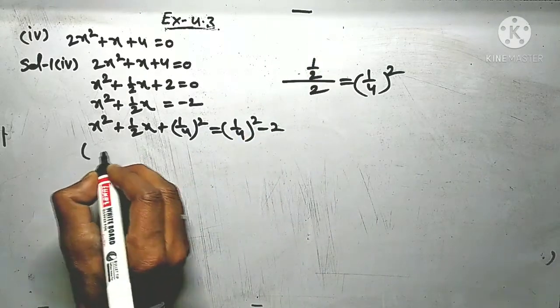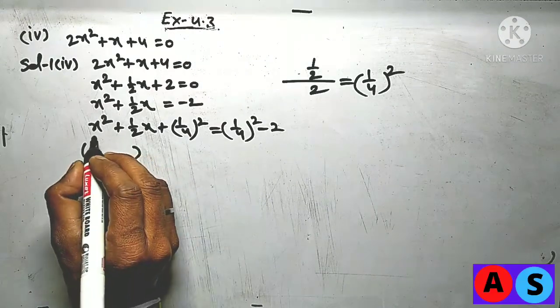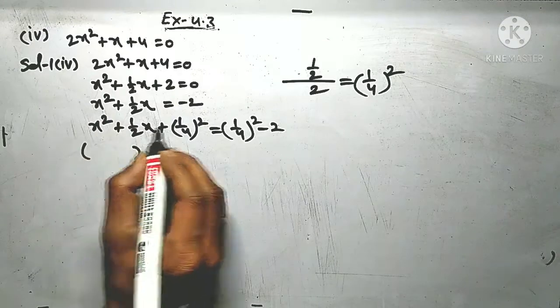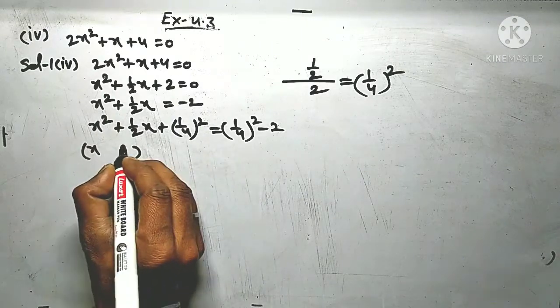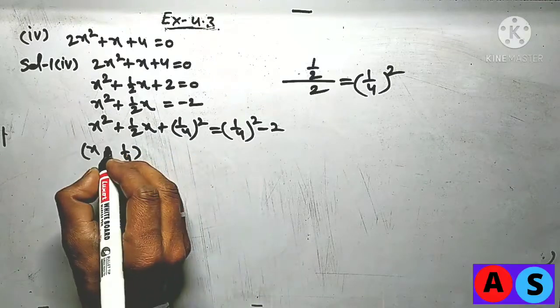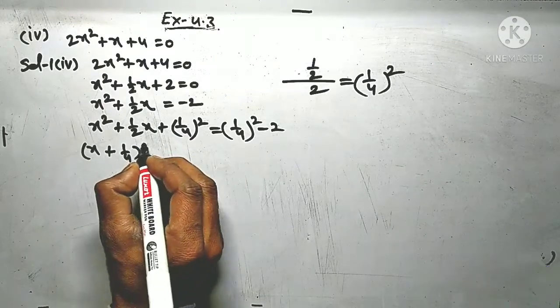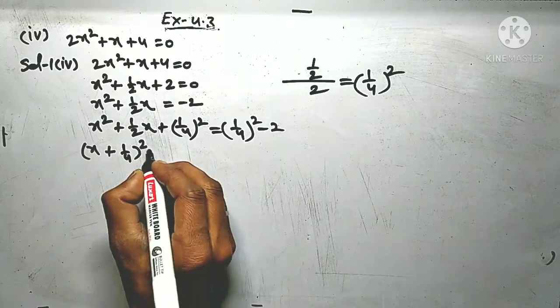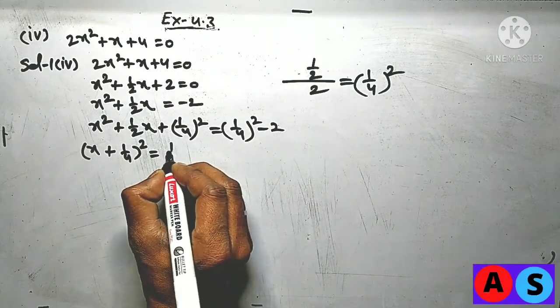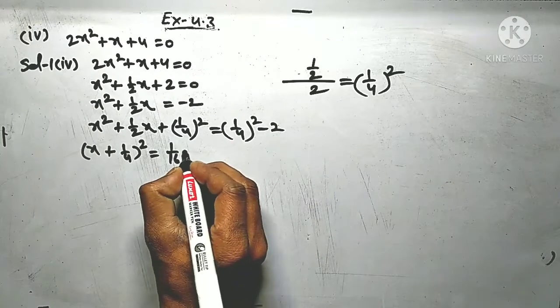Now start a round bracket, close the bracket, put the terms which have power 2, such as x and 1 over 4. Students, there are 3 terms and all the 3 terms are positive, so we write a positive sign and make a square on the bracket is equal to, we open the square, 1 over 16 minus 2.